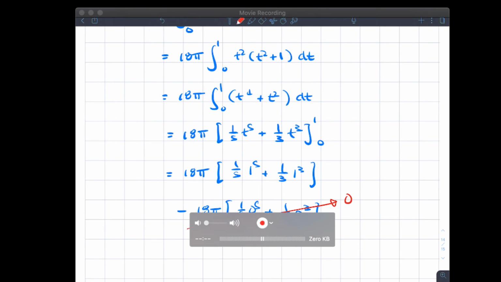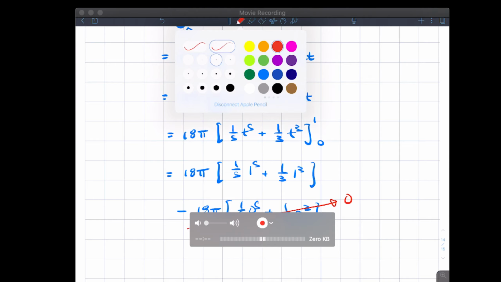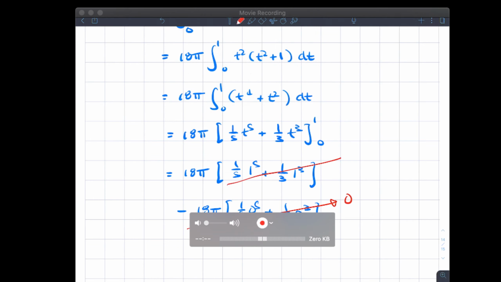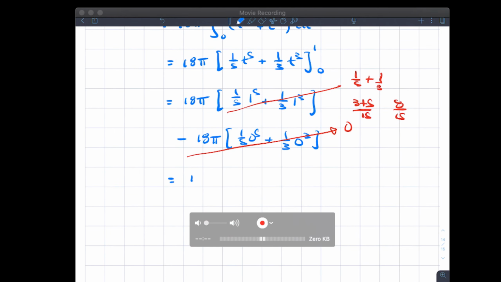This whole portion is 0. And this portion really is 1/5 plus 1/3, which becomes 3 plus 5 over 15, or 8 over 15. So altogether, you have your 18 pi times 8 over 15.